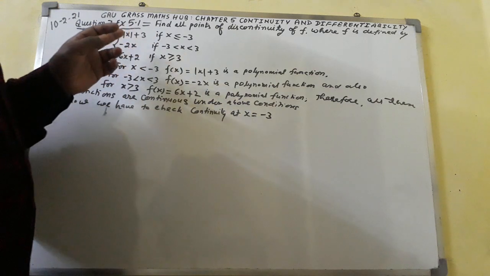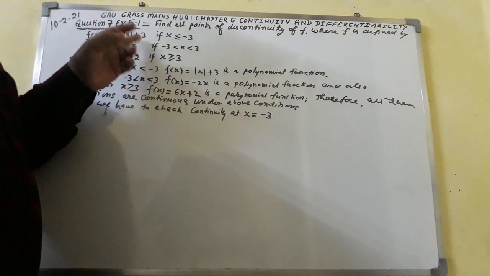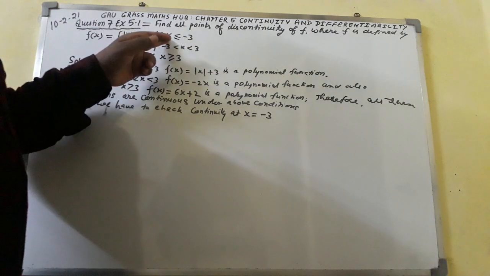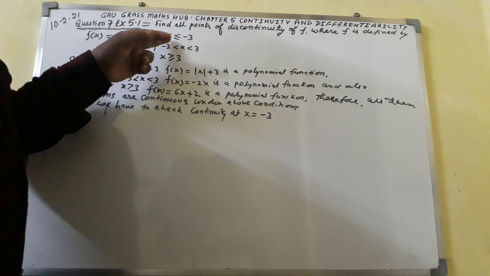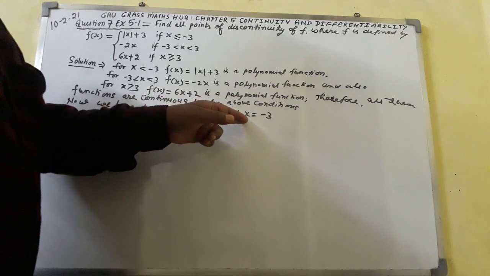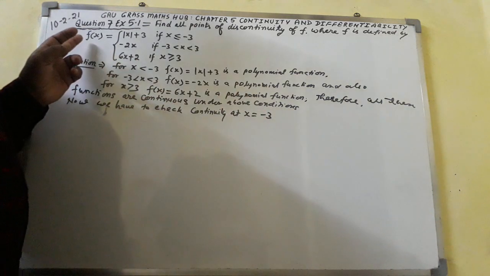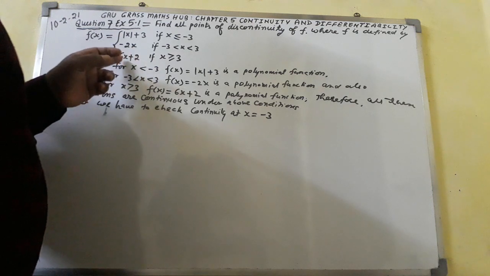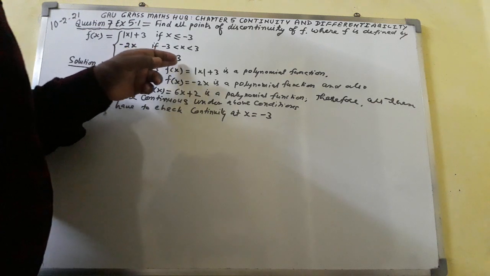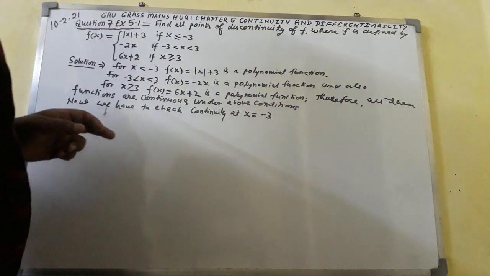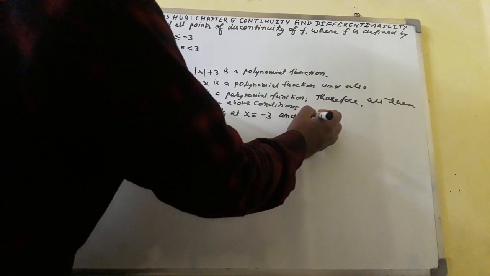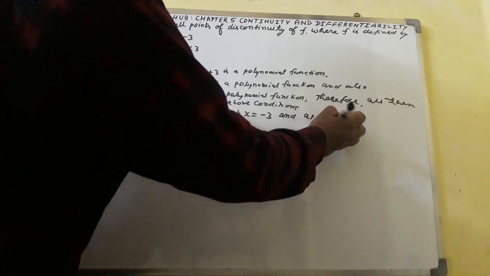Here you can see f of x equal to mod x plus 3, and the condition is x less than or equal to minus 3. So here you can easily get x equal to minus 3, so we have to check continuity at x equal to minus 3. And here f of x equal to 6x plus 2, and the condition is that x is greater than or equal to 3, so x is equal to 3.